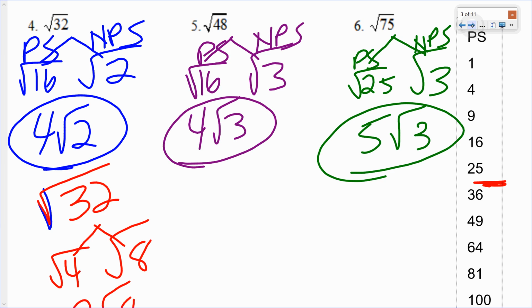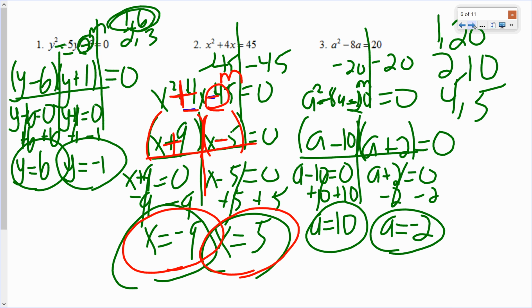We then talked about quadratic equations. I like to call him Mr. X squared. He likes to party. Before he can party, all his friends have to come over. So everything has to come over to one side. Once I have that, I factor, 2 sets of parentheses. The variable goes first in each. First sign comes down. Multiply the signs. Positive and a negative gives you a negative for the second.